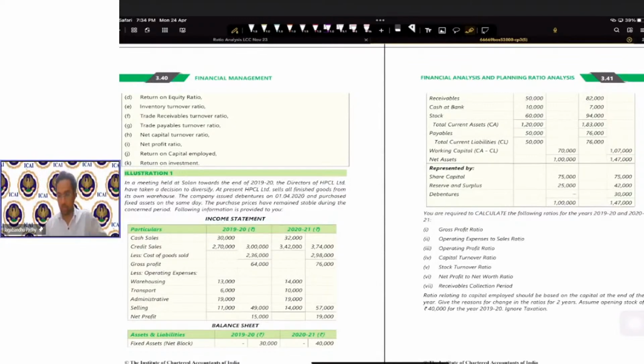Okay, time up, guys. Are we all done? Have we all completed the ratio calculations? How many of you are done? Please let me know. How many ratios are yet to be done by you?